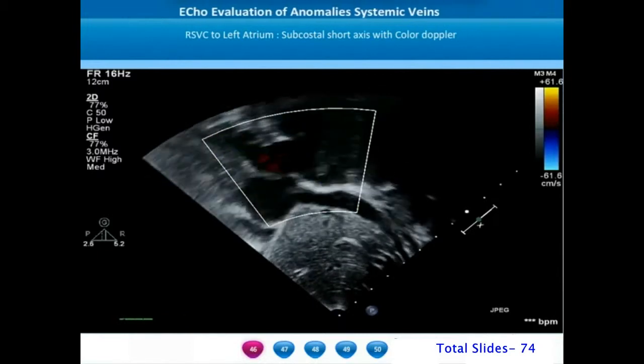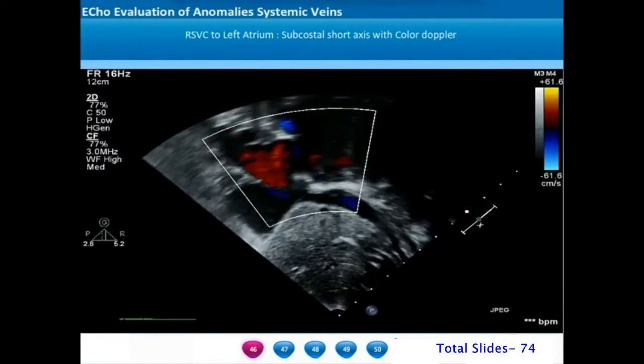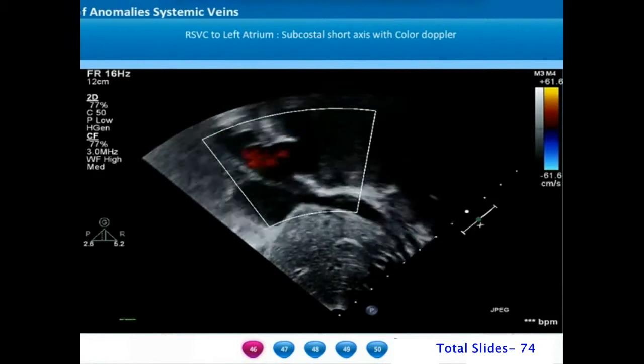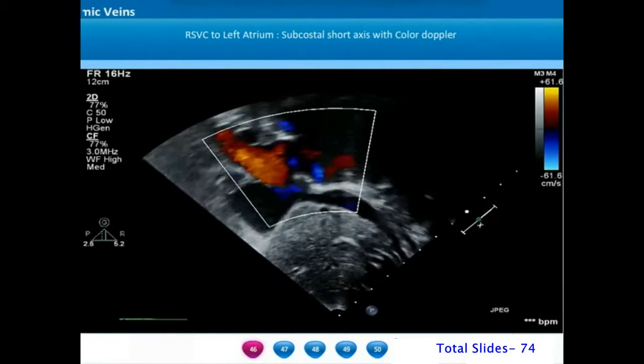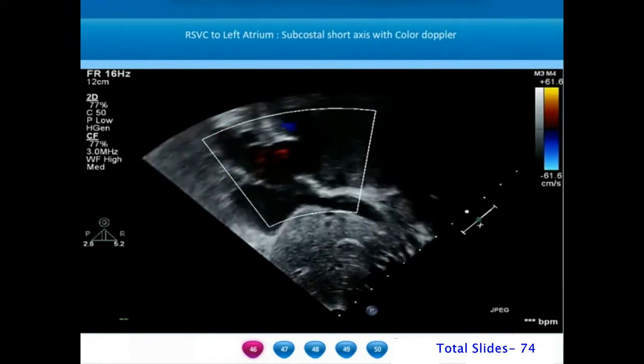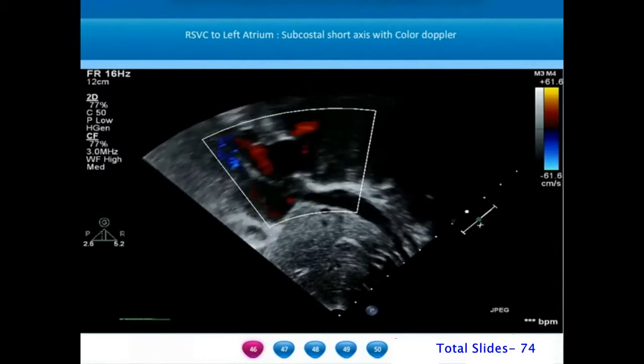On this subxiphoid short axis view, when we utilize color Doppler, we can appreciate the flow of the right superior vena cava directly into the left atrium, posterior to the plane of the interatrial septum.